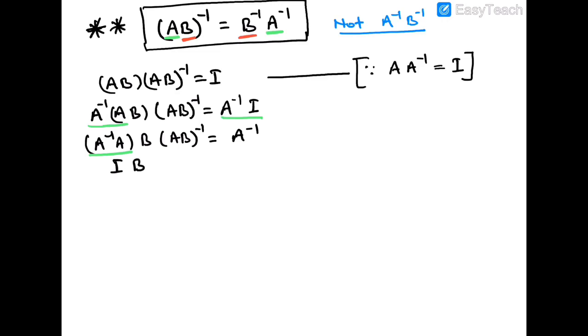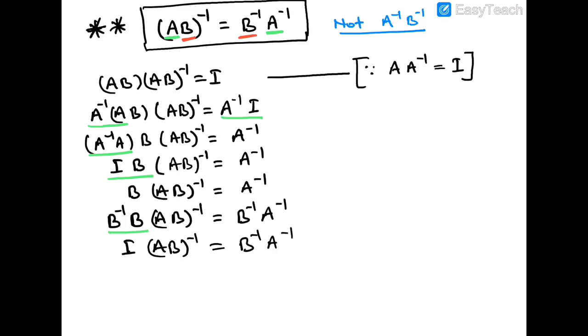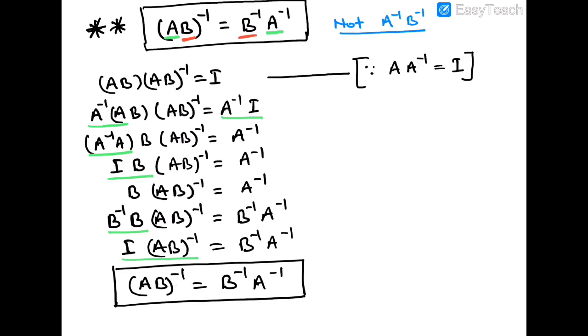Now A inverse A will give us I, and now I times B is B, and now multiply B inverse both the sides and we will get B inverse B, which is equal to I again, and I times AB inverse is equal to AB inverse. So we got AB inverse is equal to B inverse A inverse.